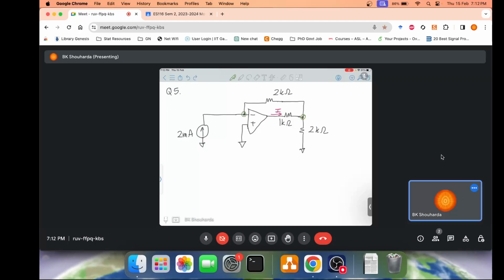Okay, so now we have V plus equal to V minus, and because it's grounded, that's equal to 0 volt. We have this happening because of the virtual short concept, and that holds only when negative feedback takes place. This is a very important condition to remember, because when we don't have negative feedback, this condition won't hold true.